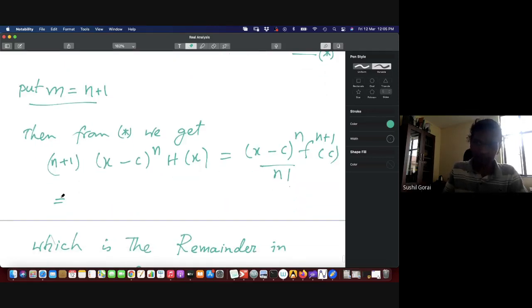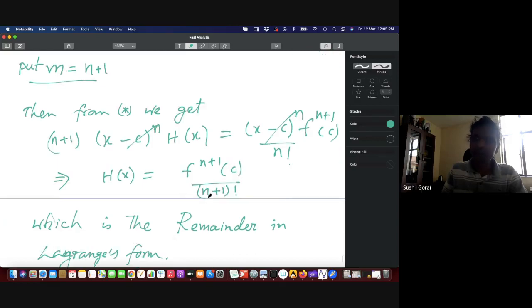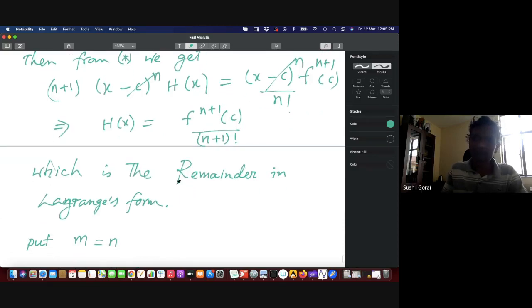Now this gives you h(x) to be, x minus c gets cancelled. So this gets cancelled. And what you get is f^(n+1)(c) by factorial n plus 1. Right? Which is the Lagrange's form.